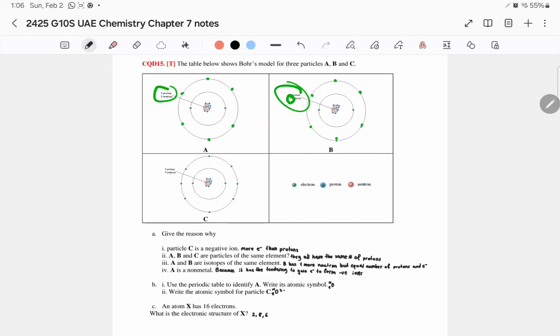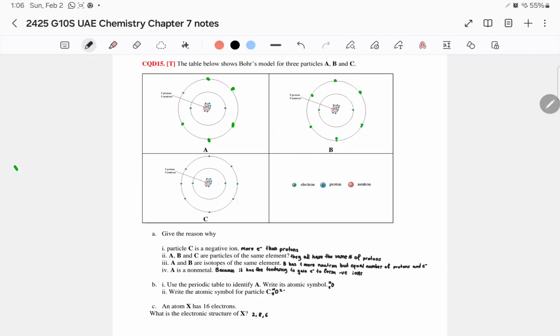If it had a full shell, like here, then it wouldn't be a non-metal. Because see, here it only has 6 electrons. To reach 8, or to reach noble gas configuration, you need 8. So it has 6. Counting these, of course. Not counting these. Counting these, you have 8. But you need your final shell to have 8. So it has to gain 2 to become 8. So it's a non-metal.